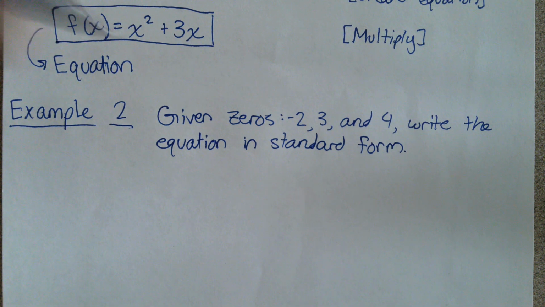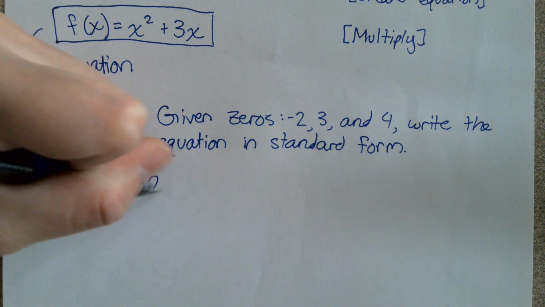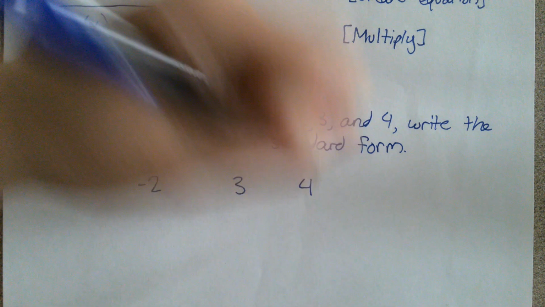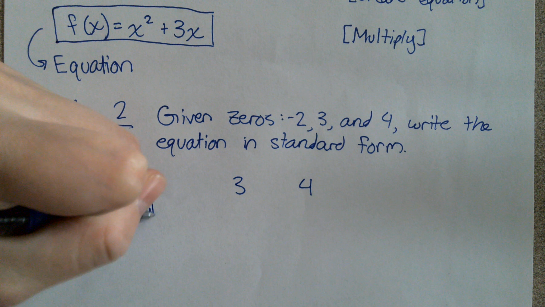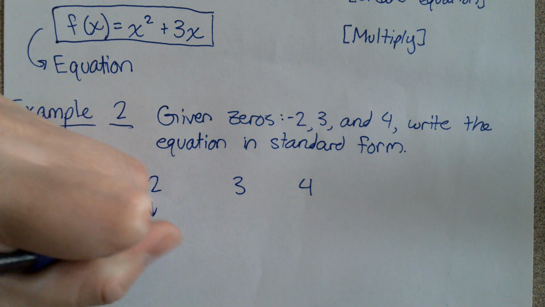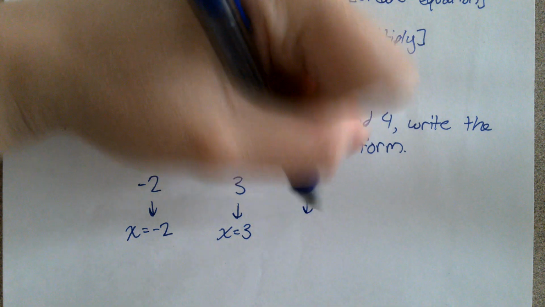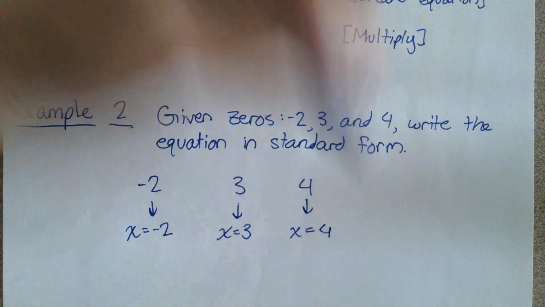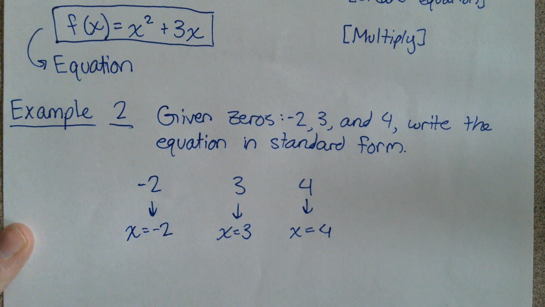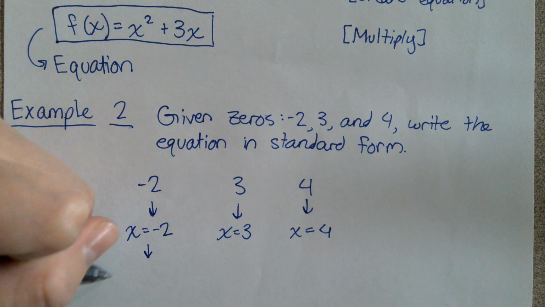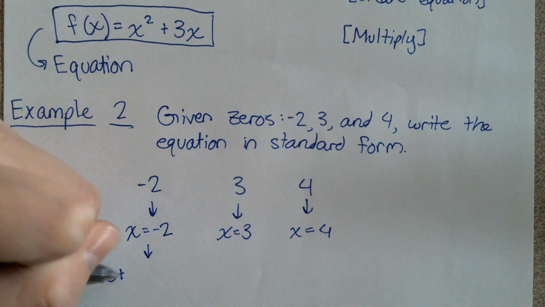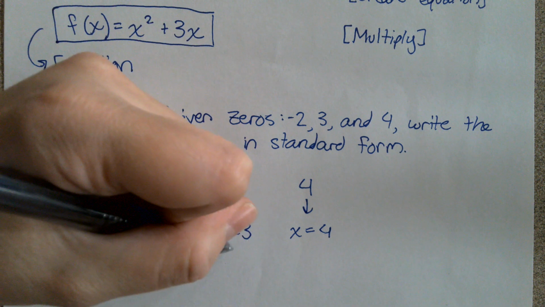So we start with our zeros. Negative 2, 3, 4. Set them all equal to x. So x equals negative 2. X equals 3. X equals 4. Next, we make them into factors. So we add the 2 over, so that's x plus 2 equals 0.